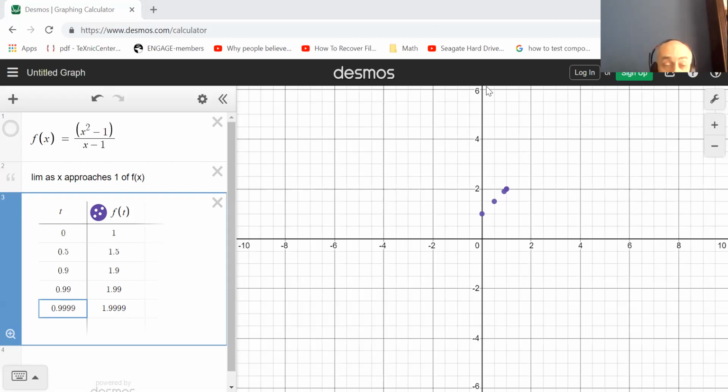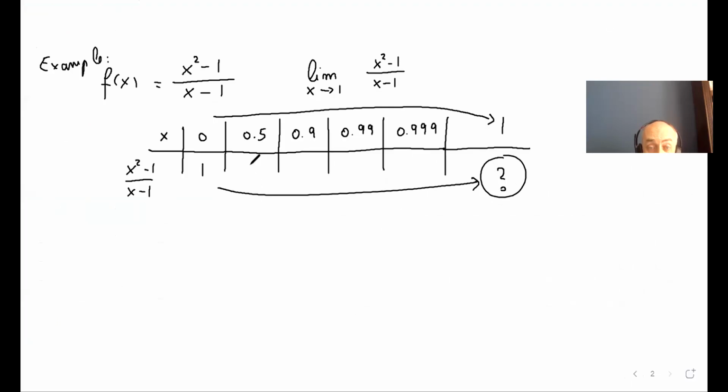That's correct. So we are going to say, folks, based on what we see from this table, that the limit as t approaches or x approaches 1 of f of x is going to be equal to 2, because based on this table, we saw that type of behavior. So over here, I'm just going to copy these values from my table.